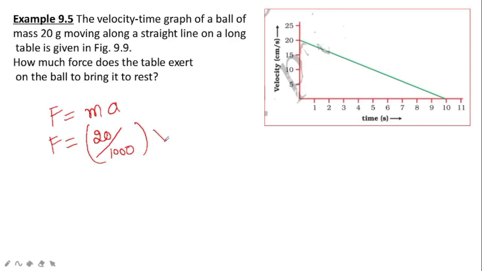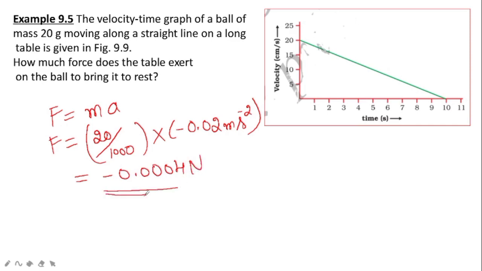And into acceleration. So what is the acceleration value we got? It is minus 0.02 meter per second square. So now on simplification, we will get minus 0.0004 Newton. So this will be the force, right?